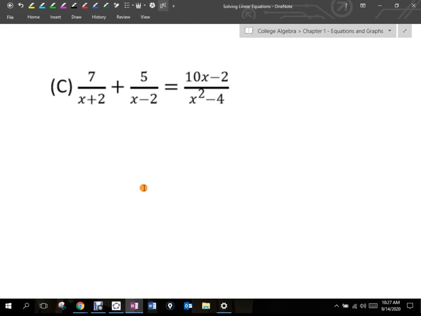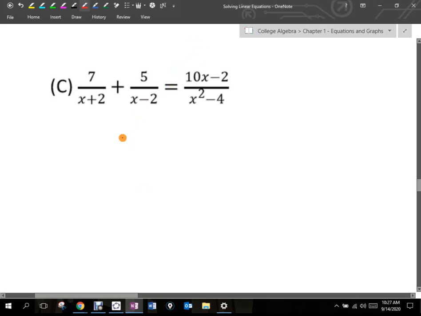Okay? You remember in previous questions, if we had like, let's say x ends up being 7. If x was 7, this number would be 9, right? This number would be 7, right? Or sorry, 5. And this would be 45, correct? Okay.